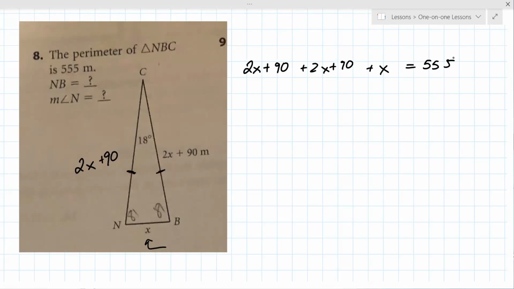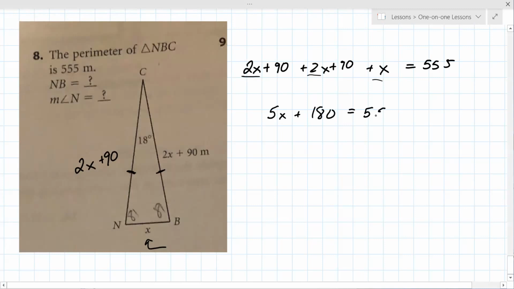So we're going to solve this by combining the x terms, the 2x, the 2x, and the x. 5x plus 180 equals 555.